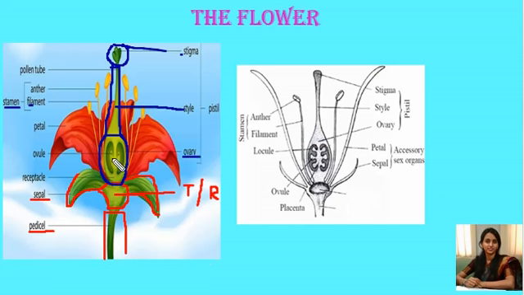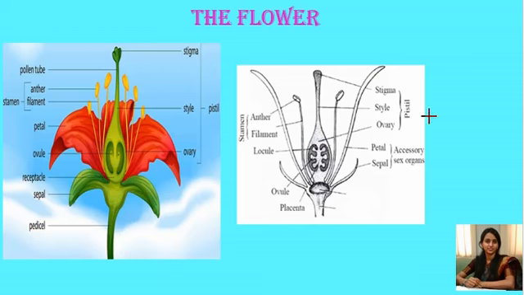Inside the ovary we can find structures, which are known as what? Ovules. Is it clear? Both androecium and gynoecium take part in the process of sexual reproduction, hence these are known as reproductive organs.